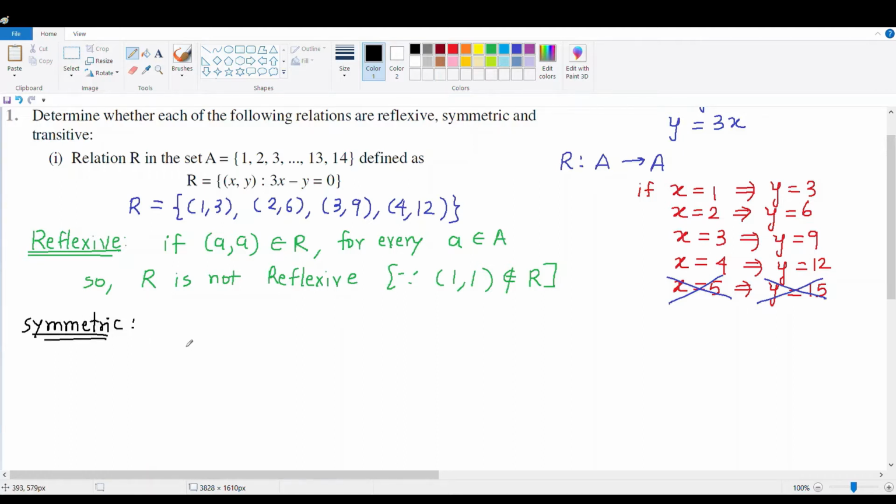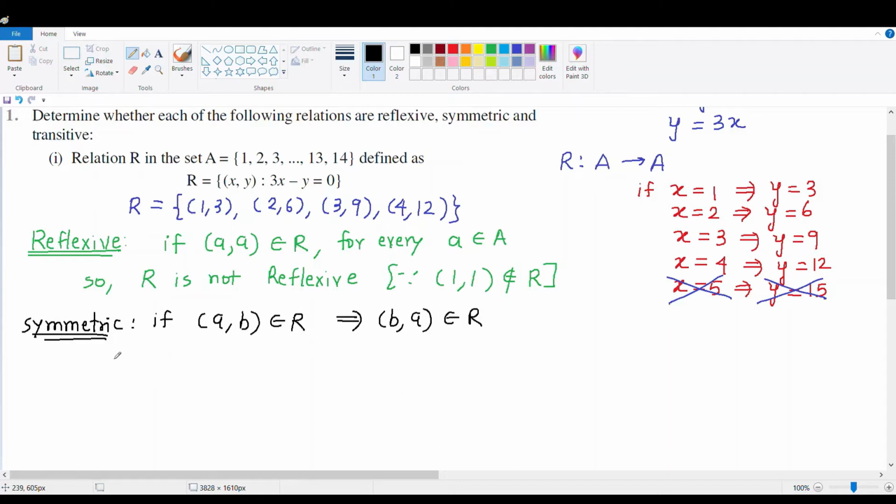If (a, b) belongs to R, then (b, a) must also belong to R. Like if you have (1, 3) in R, that means (3, 1) must also be in R. But our y is always 3 times bigger than x. So (3, 1) will never be in our relation R. We can see here (1, 3) is here, but (3, 1) is not here. So that means it is not symmetric either.